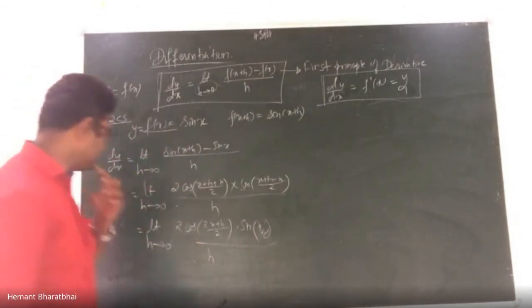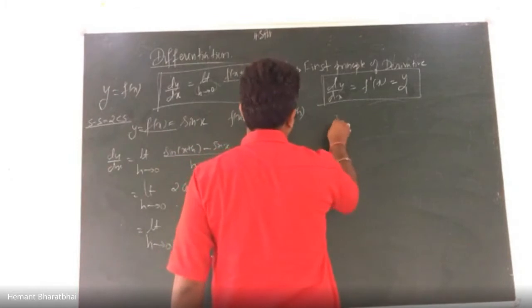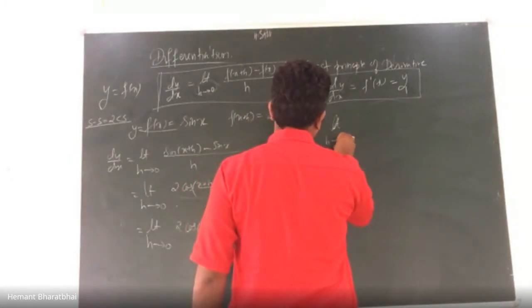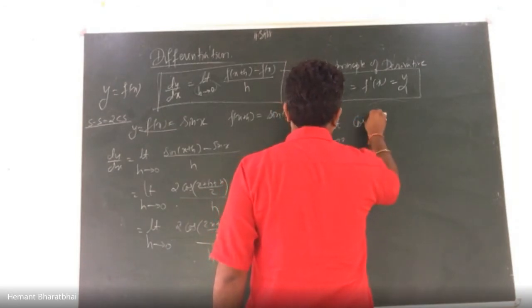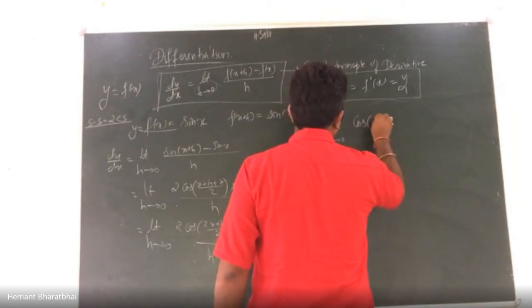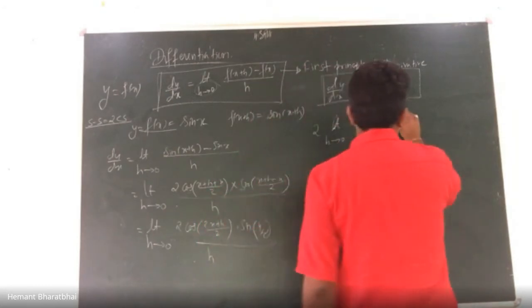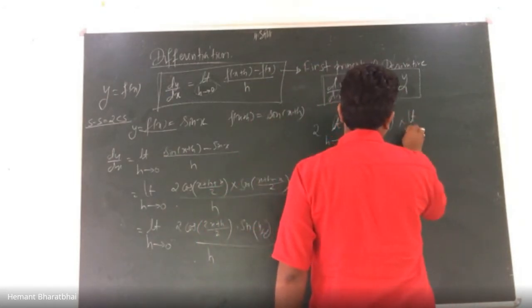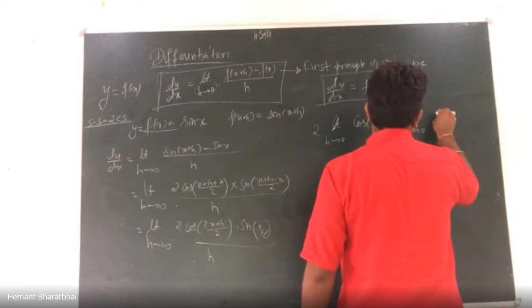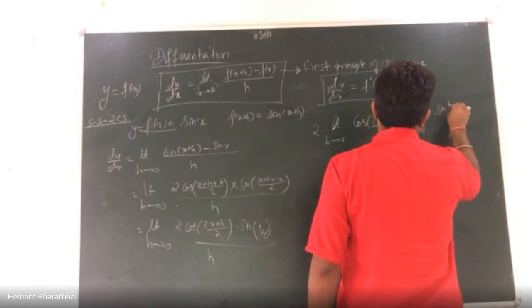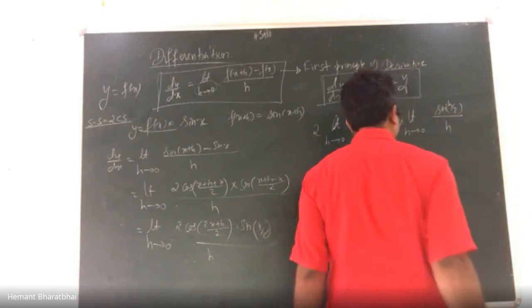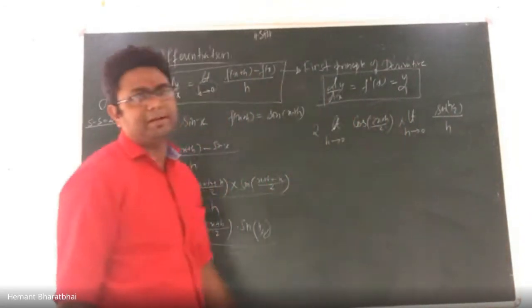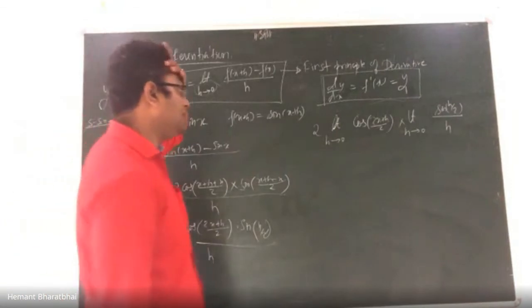Now I can separate this limit and write it as limit of h tends to 0 of, I have taken 2 outside, cos of 2x plus h the whole upon 2 into limit of h tends to 0 of sine of h by 2, and this h I am writing over here. You know that limit of sine of x by x is 1, and hence I am doing it.